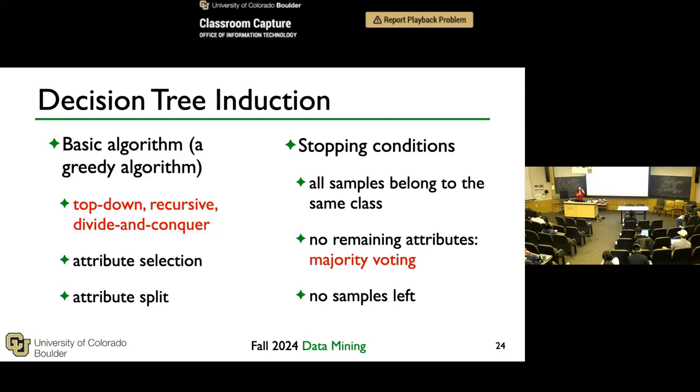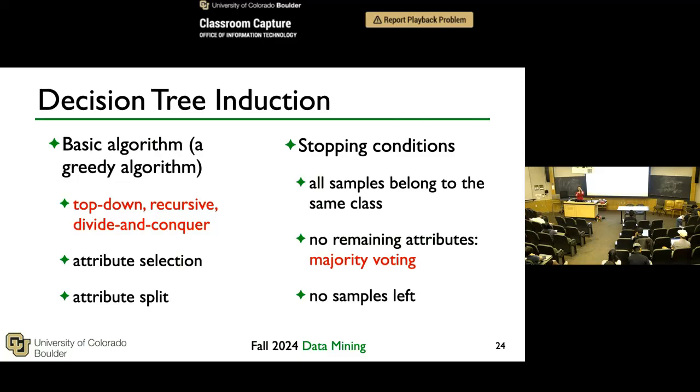If you keep going, you may take too many layers. So sometimes you will just do a majority voting. That means I'm not done yet, meaning my subset, subtree, is still mixed with different class labels. But I have already used all the attributes, meaning I asked all the questions, and there's no point in repeating an attribute question.